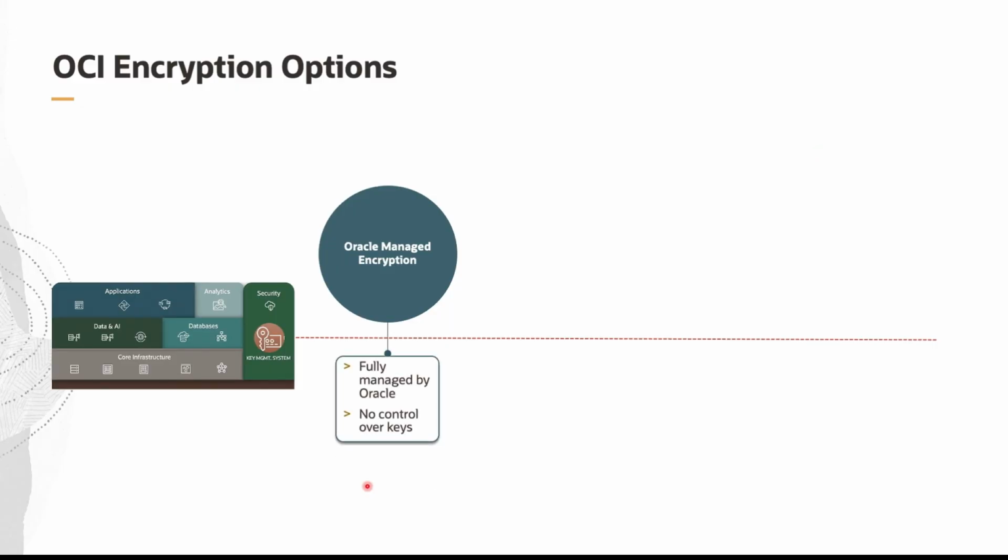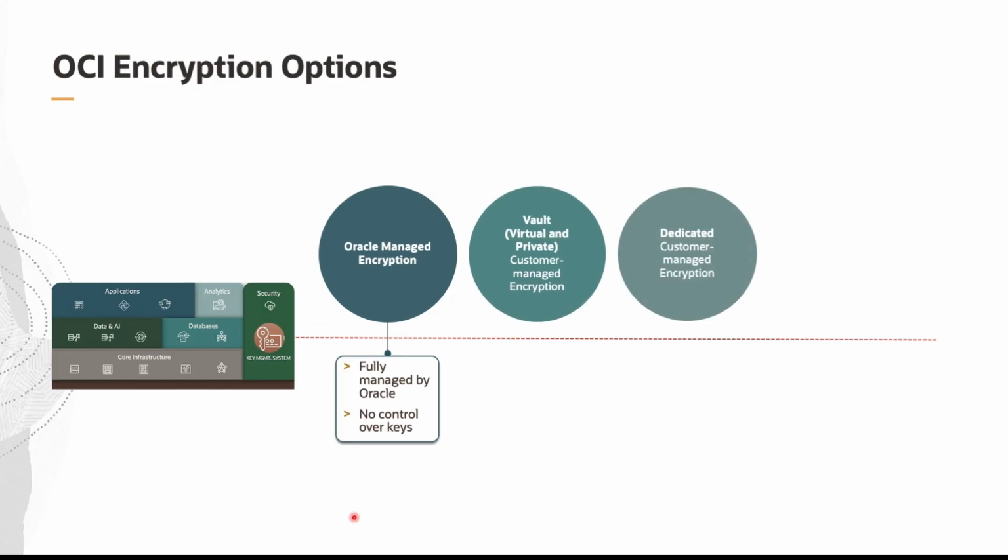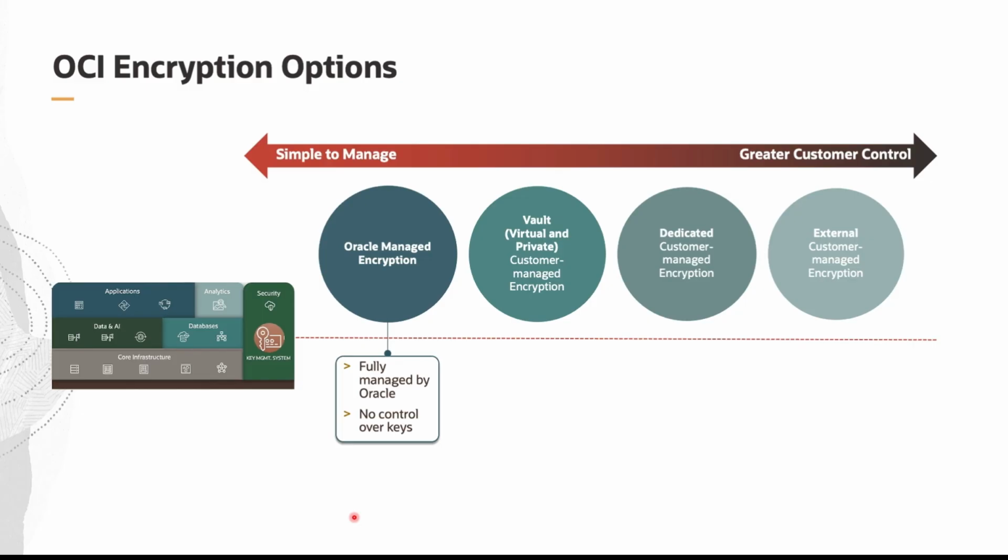Oracle managed keys are automatically generated, rotated, and stored by OCI, providing convenience and security for users who do not want to worry about key management. As part of a security-first approach, everything is encrypted by default with Oracle managed keys to ensure that sensitive data is always protected. Customer managed keys, on the other hand, allow users to have more control over the encryption keys.